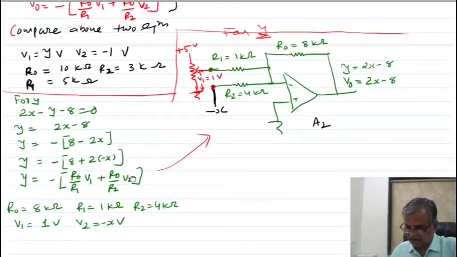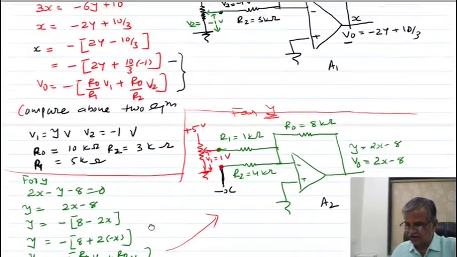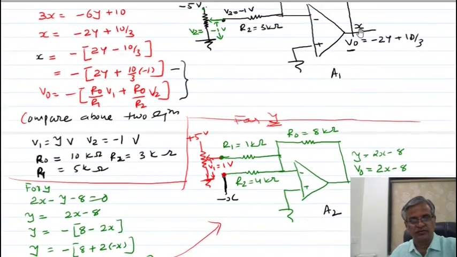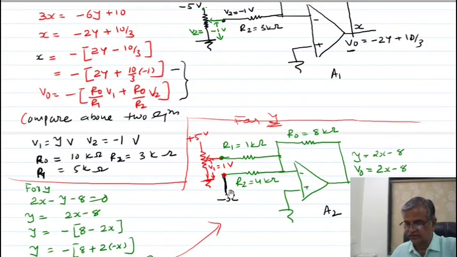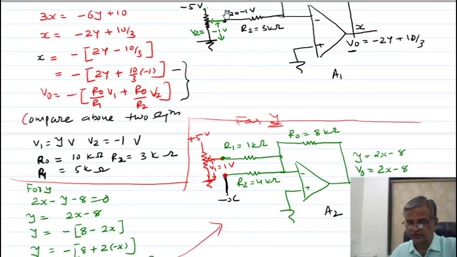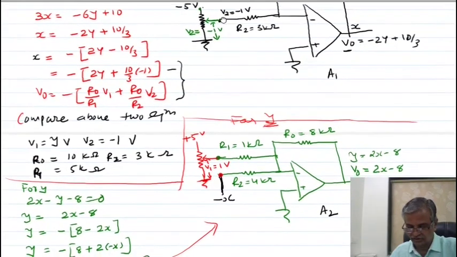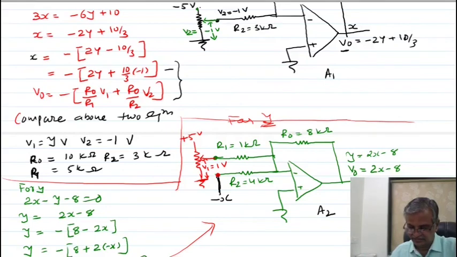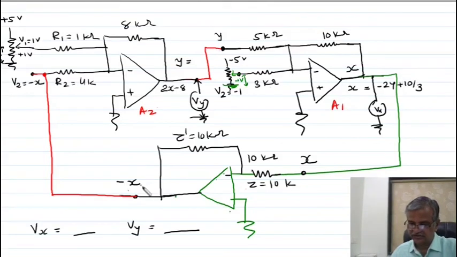Now, after this, the output of this is connected to the inverter, and the output of the inverter is given here. The output of A2 is given here, and you will get the complete solution that I did in this circuit. In this way, the output of A1 is given to the inverter, and the output of the inverter is given to A2, because here minus X is required and here Y is required.